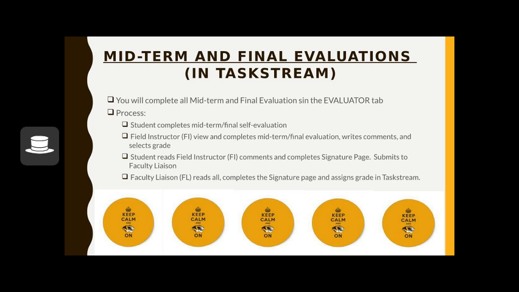Then I, as a faculty liaison, look at both the evaluations, look at your comments, look at the student's comments, and then I will complete the signature page between the student and the faculty liaison. Okay, so this process for midterm and final is a little bit different than the learning plan and the journals. So it's important to remember that difference as you move forward and complete these assignments in Taskstream.